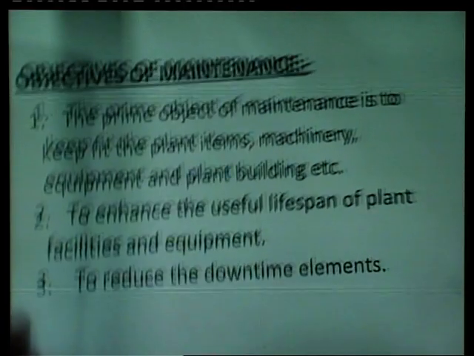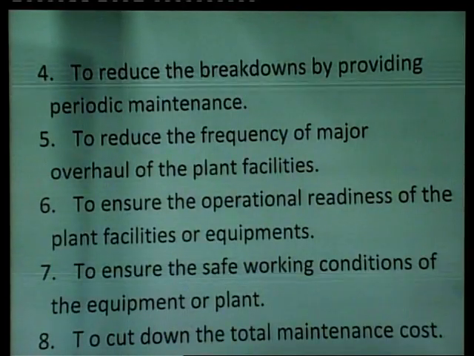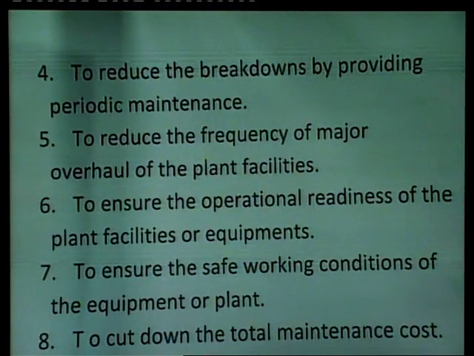The fourth objective is to reduce breakdowns by providing periodic maintenance. With periodic maintenance, it is pre-planned. When the maintenance of the industry facilities is pre-planned, the number of breakdowns is reduced.